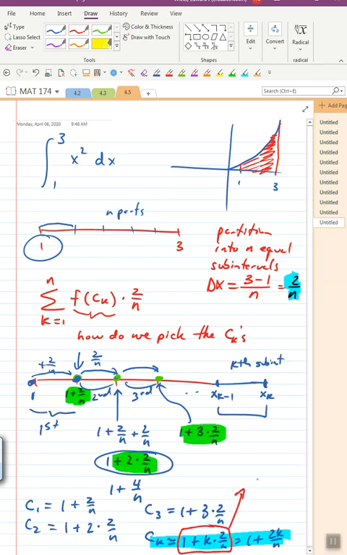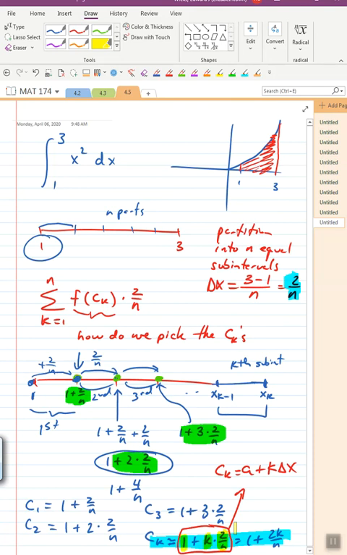Because if you really look at what that's saying, isn't it saying that ck is equal to a plus k times delta x? A was the left endpoint over all of your interval. K is the count of the interval you're in, first, second, third, fourth, so on. What's this guy right here? He's the delta x.